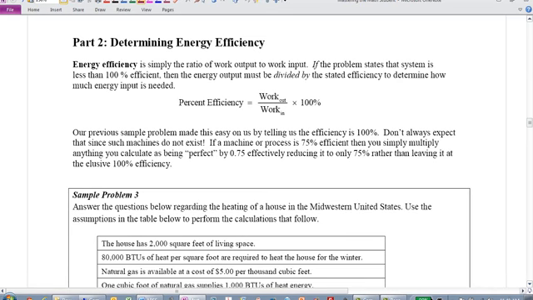If a machine or a process is 75% efficient, you just assume it's 100% efficient while you're working the first part of the problem, but just don't forget to multiply by that efficiency percent in decimal form. So you have to reduce the number because if it's less than 100% efficient, you're not going to get all that fabulous energy, or work, that you just calculated out of it.